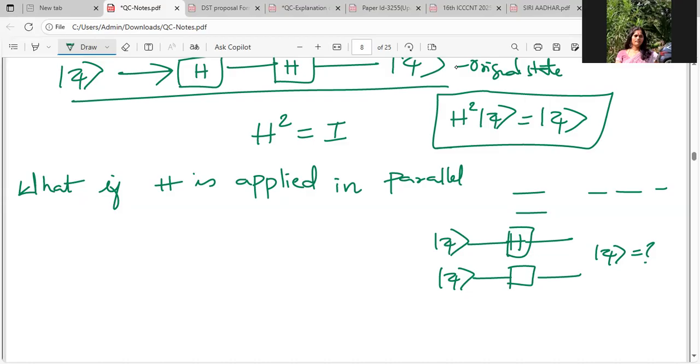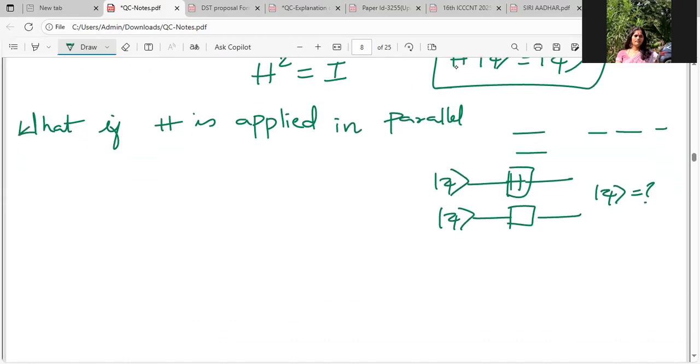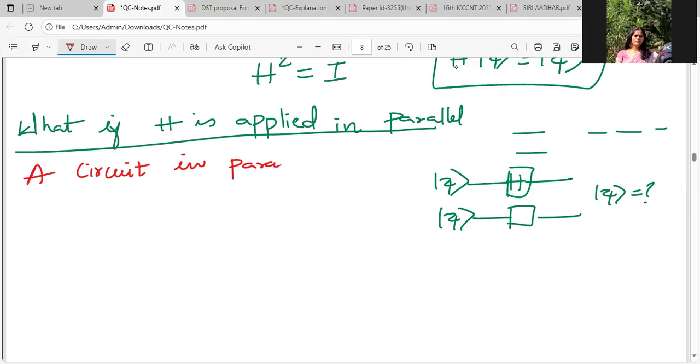When I'm talking about a circuit in parallel, there's an important point to be noted here. A circuit in parallel implies tensor product.